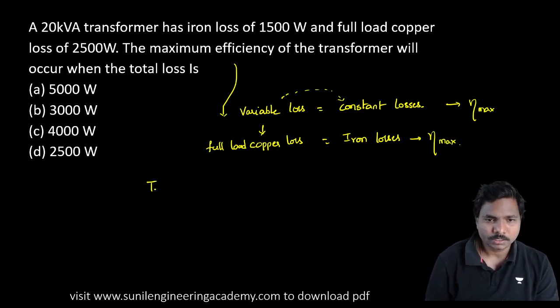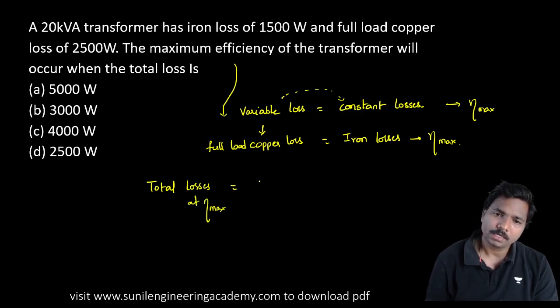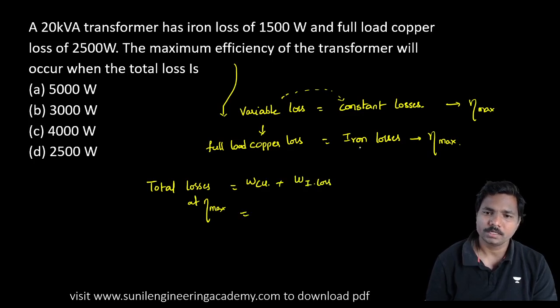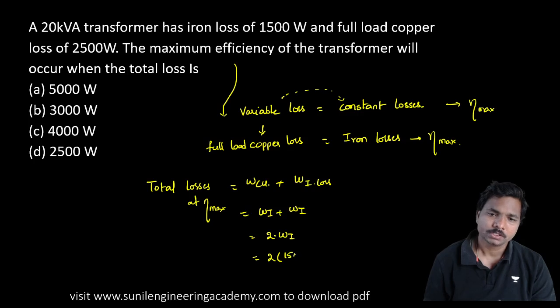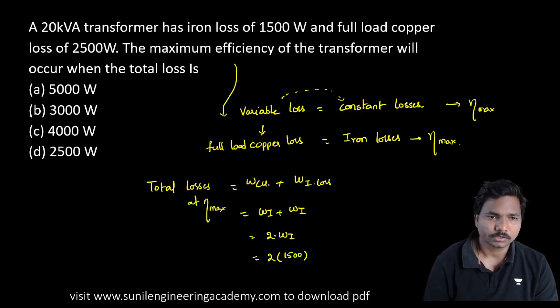They are asking total losses at maximum efficiency. That is copper loss plus iron losses. Copper loss is equal to iron loss, plus iron loss is already there, so 2 into iron losses. 2 into 1500, so we can give the answer as 3000.